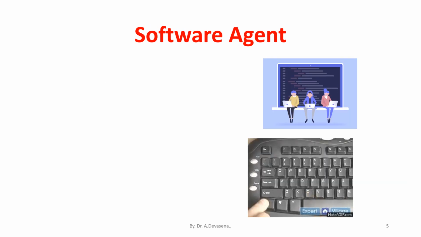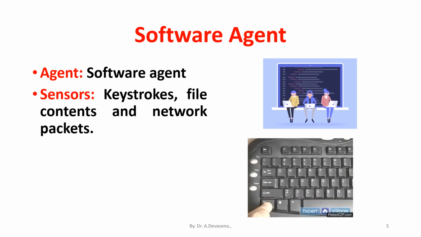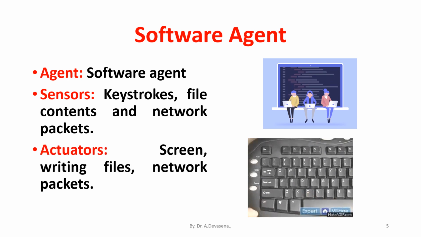For the software agent, the sensors are keystrokes, file contents, and network packets. The actuators for this software agent are screen, writing files, and network packets.